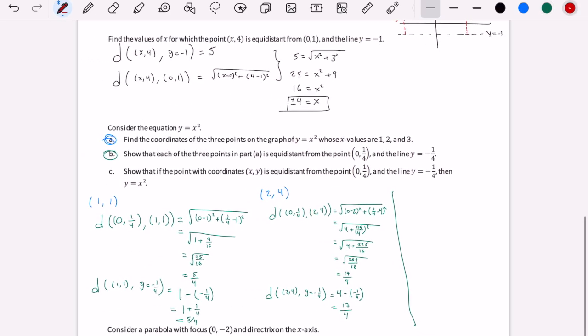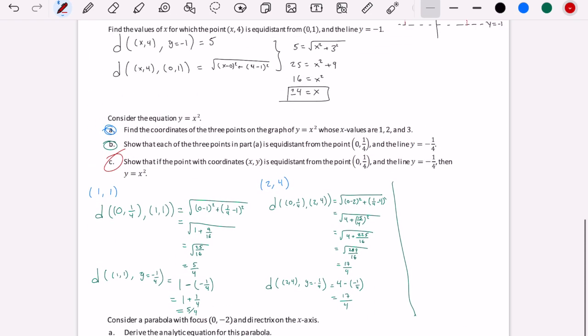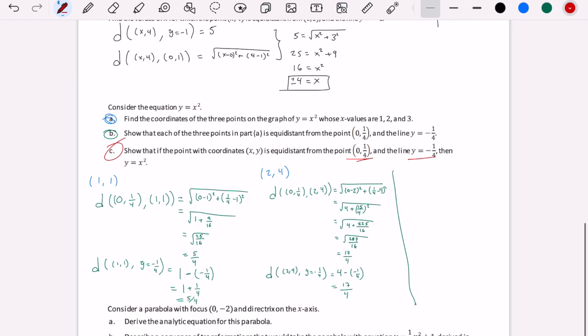Okay, now in the last problem, they are asking us to find the analytic equation of a parabola with focus at 0, 1/4 and directrix y equals negative 1/4. If you have noticed, that is what the problem has been suggesting, no?